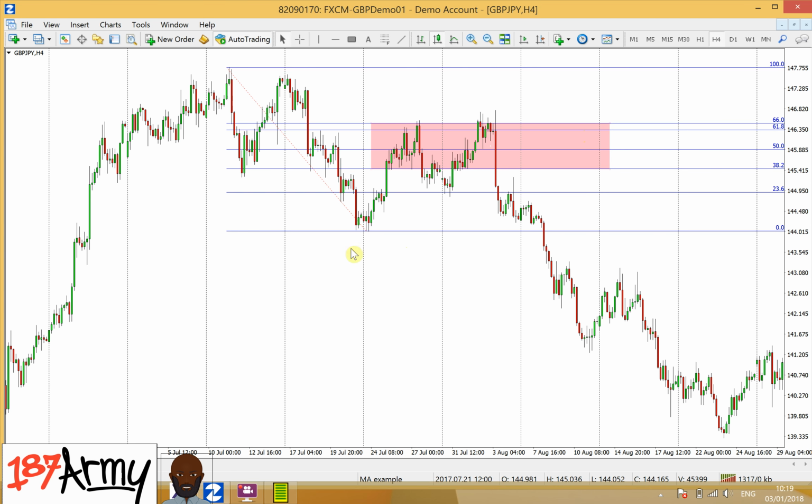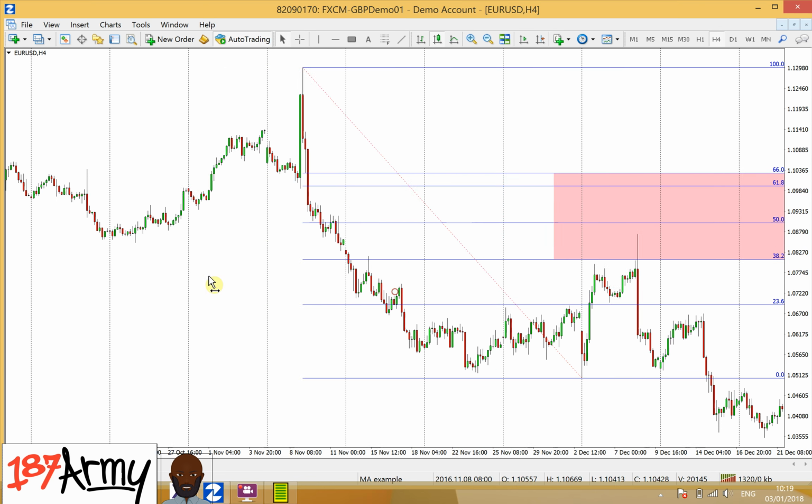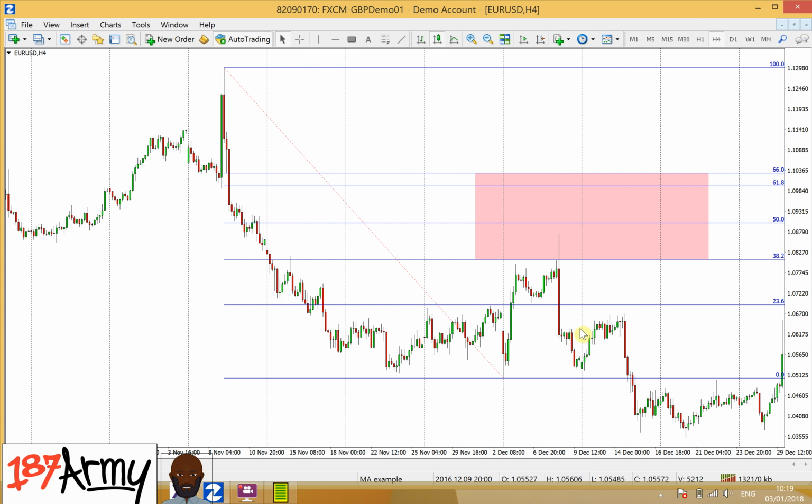Also, just to add, I'll go back to the EUR/USD when we were doing the bearish ones here. For example, if you were in a downtrend and you sold at around this price here, you could have gained this profit from there to there, which is around 500 pips.